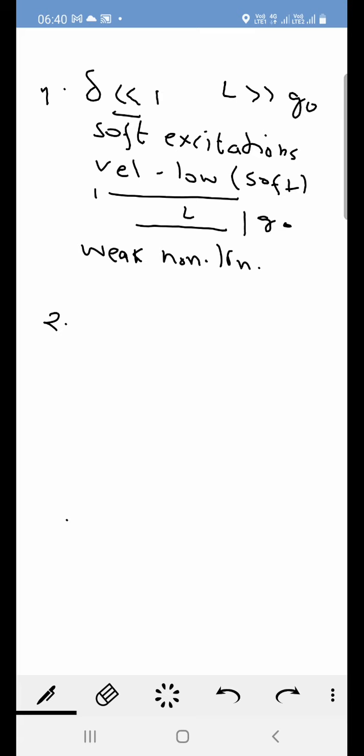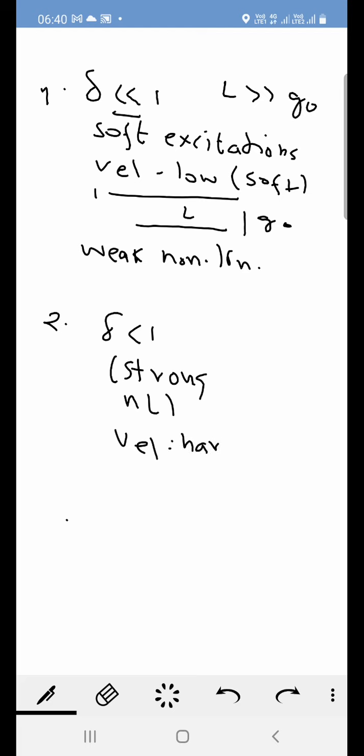If, however, the nonlinearity is not that much less than 1, but a little less than 1, then it's called a strong nonlinearity, and if the voltage applied is hard, this is one of the cases.